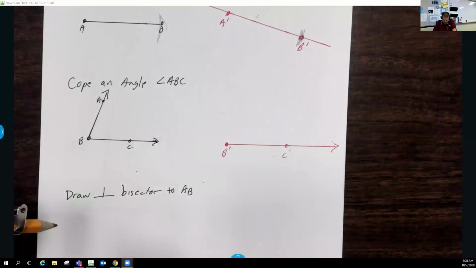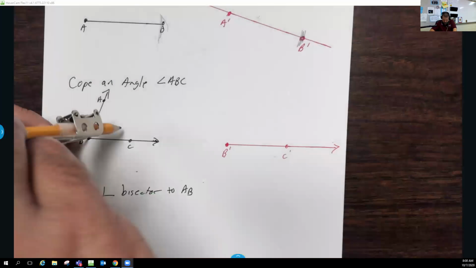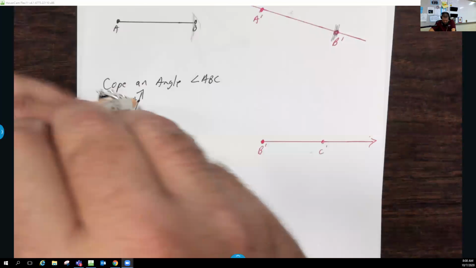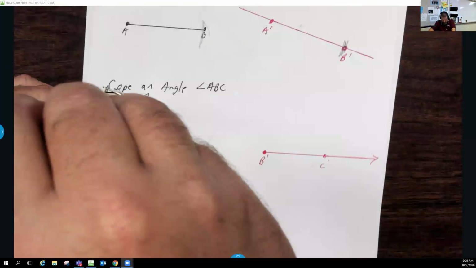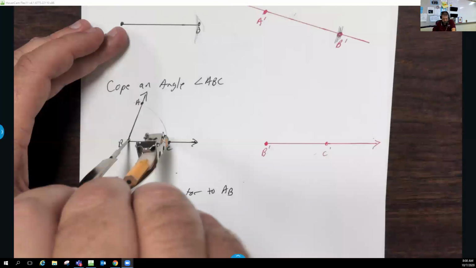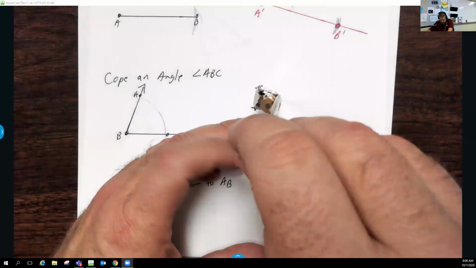what we're going to do is put a mark through here, with this really crappy pencil. It really doesn't matter where I put it. We're going to do the same thing. Make it nice and big.